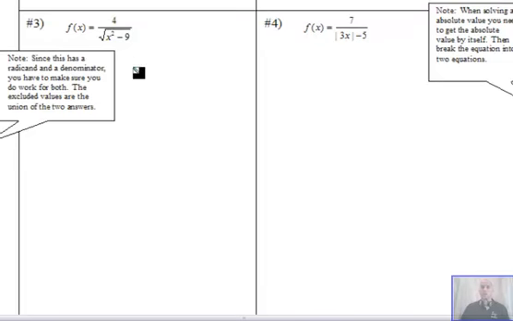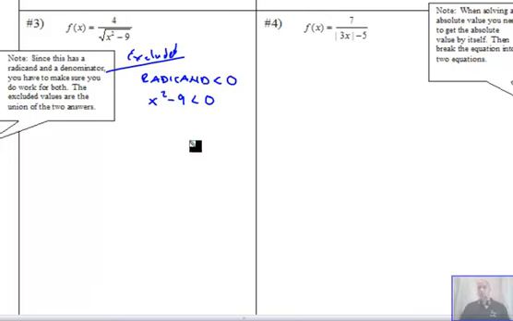So excluded values. Going to take my radicand, set it less than 0. My radicand is what's inside the radical, x squared minus 9 less than 0.